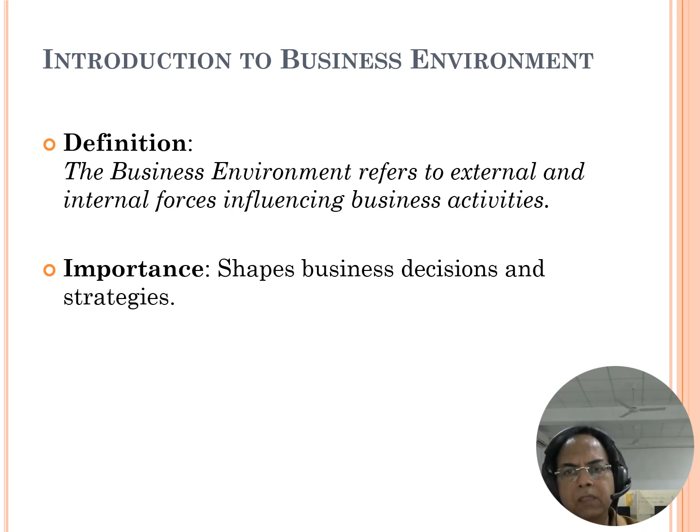So if you want accuracy, perfectness and correctness in your decision or strategy, then you cannot ignore these factors which affect our organization directly or indirectly. So the significance is day by day increasing.